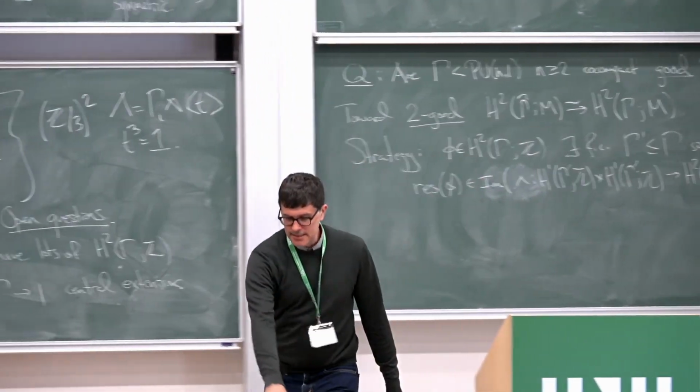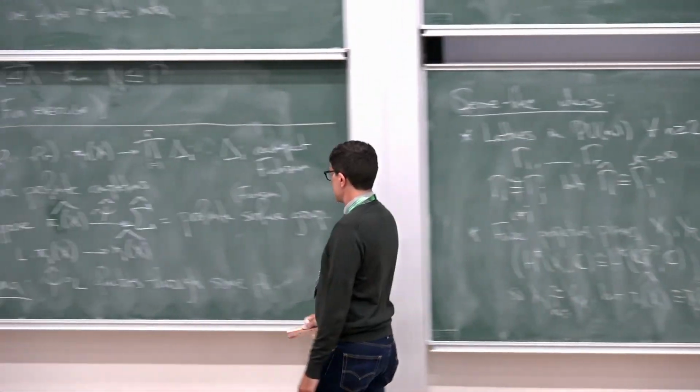And what that's saying is actually these are pullbacks from a torus, from a map to a torus.